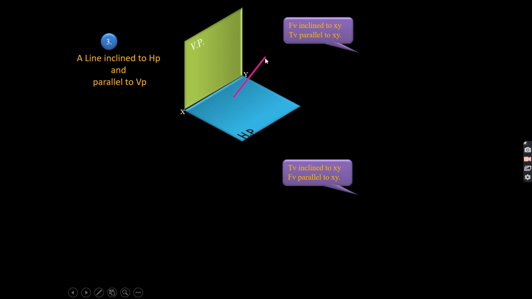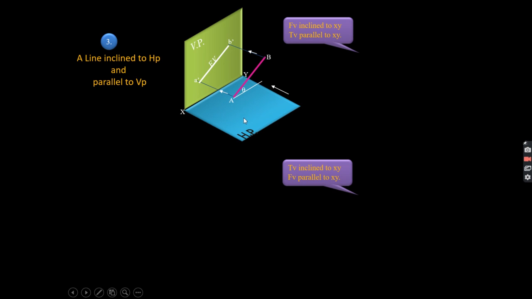The other end position you will get automatically with the line at a 30 degree angle. When I draw the front view, I will get the same line in the vertical plane. This is your point A dash, this is your point B dash.